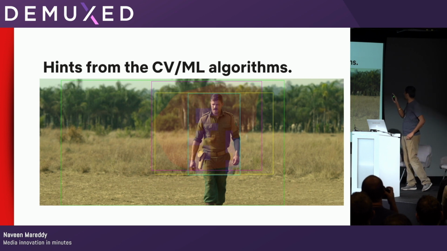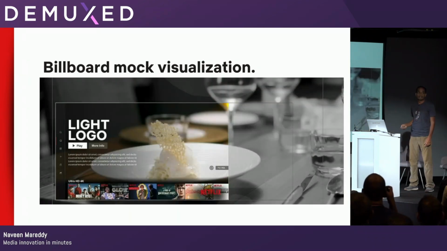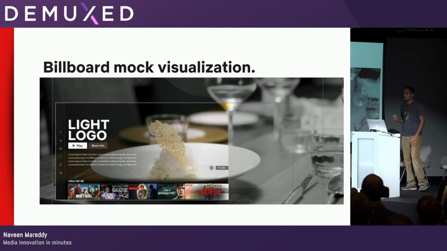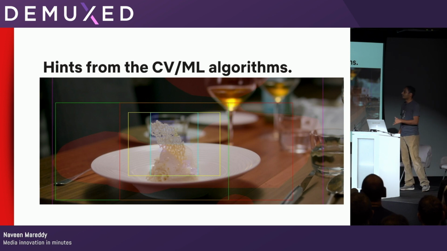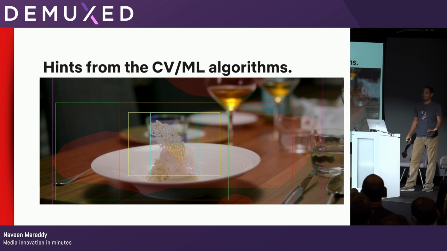There are some CV and ML algorithms running which find this picture from the stream, and here are the hints highlighted by the algorithm. Similarly, one more here, which is from Chef's Table. Again, this is the product experience, which is powered by the hints provided by the algorithms. This experience is powered by our platform, which I'm going to talk about next.